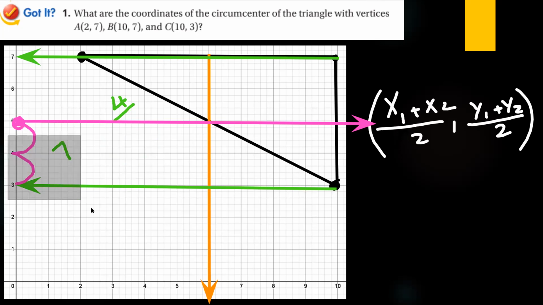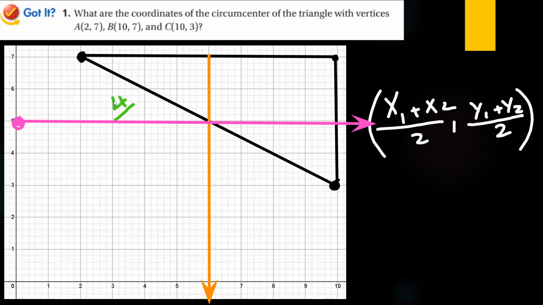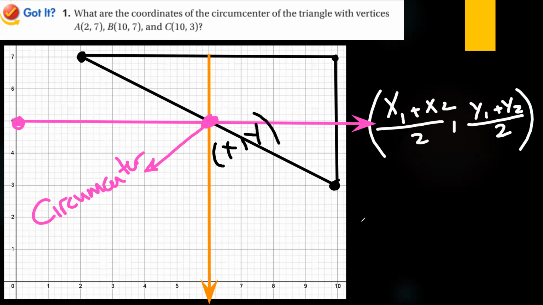Just a minute, please. Now, this point here, we call it the circumcenter of a triangle. I need to find its coordinates, meaning x and y.